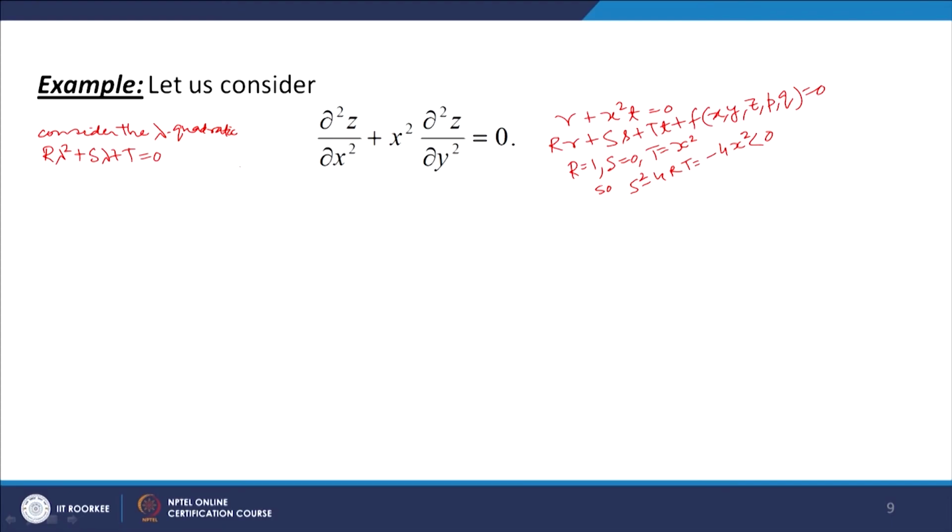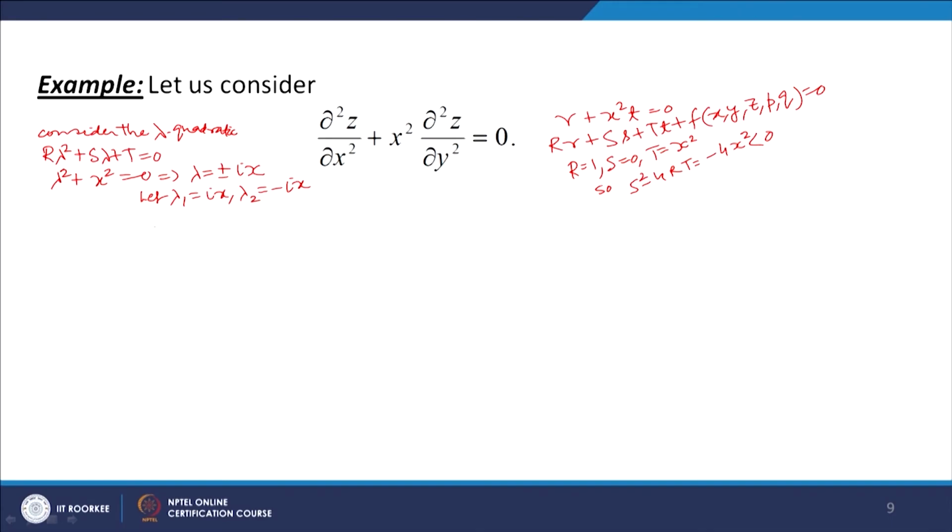So, R is equal to 1, so we get lambda square, S is equal to 0, t is x square, so lambda square plus x square is equal to 0, so lambda is equal to plus minus i x. So, we can see that lambda 1 is i x, okay. So, let lambda 1 be i x and lambda 2 be minus i x. So, the roots lambda 1 lambda 2 of the lambda quadratic are both complex.